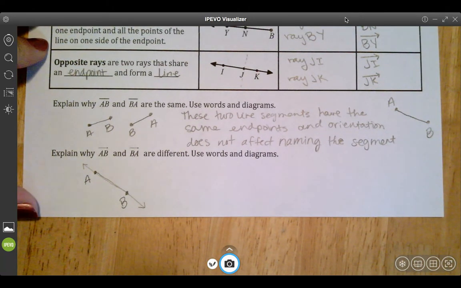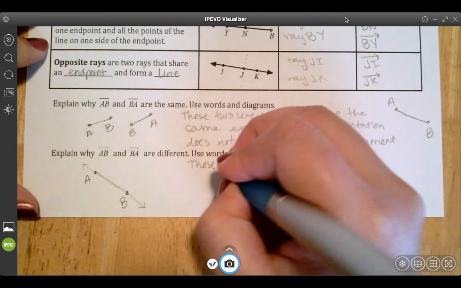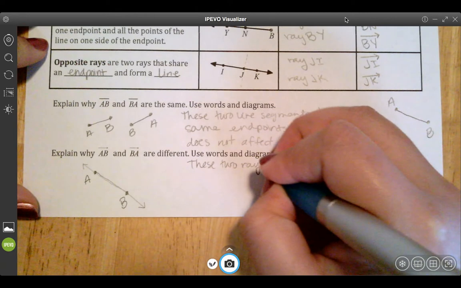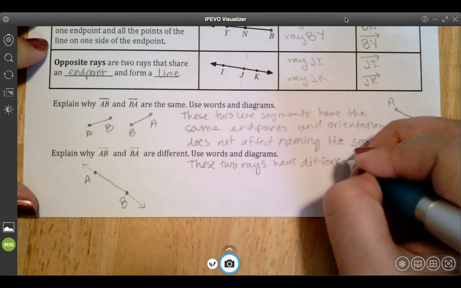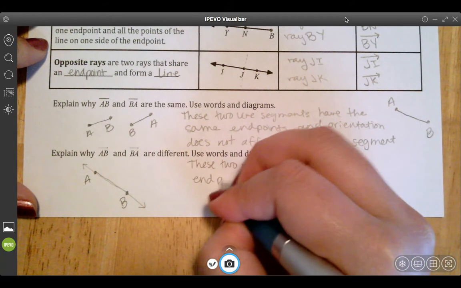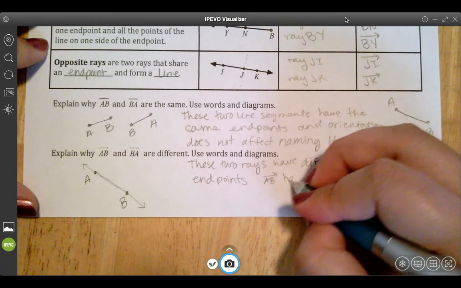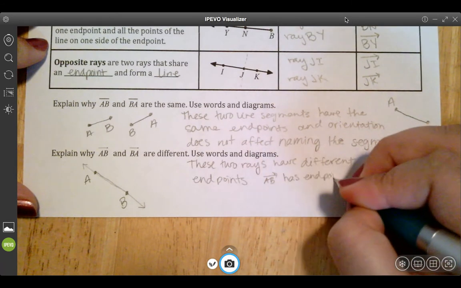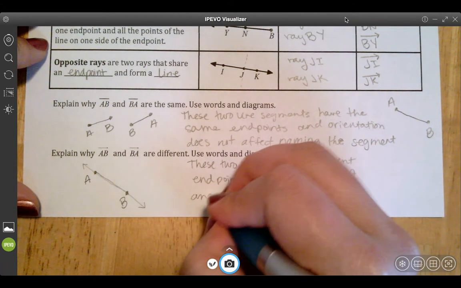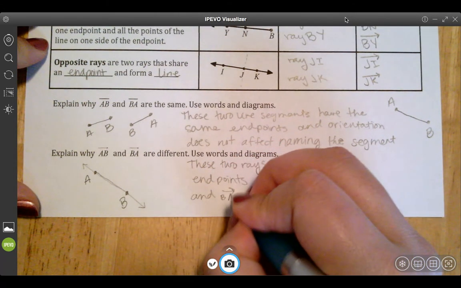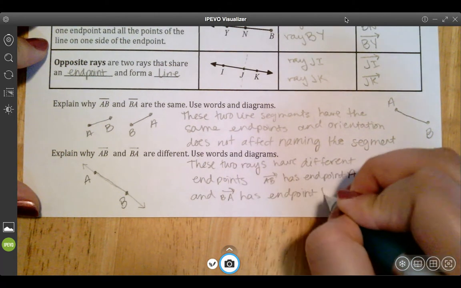They cannot be the same ray because they have different endpoints. These two rays have different endpoints. Ray AB has endpoint A, right? It ends at A. And ray BA has endpoint B.